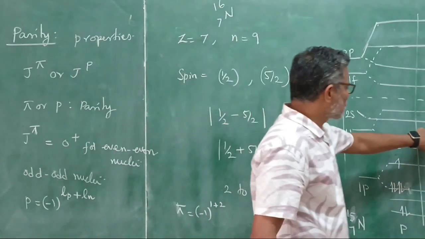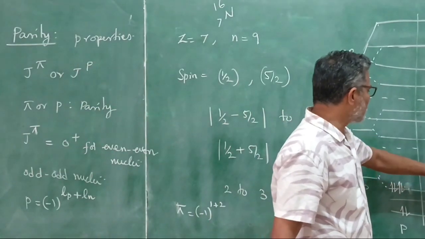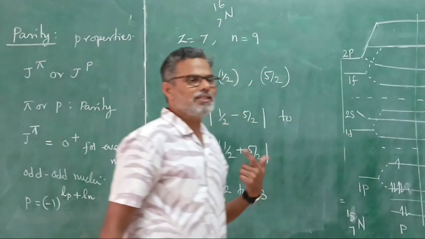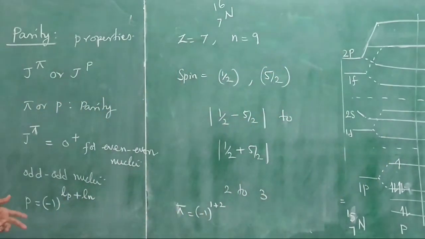So the proton comes here, the neutron comes here, and this orbit is a P and this orbit is a D. For P orbital the L value is 1, for D orbital the L value is 2. So 2 plus 1, 3, it's an odd parity. So that is how it is for all such nuclei.